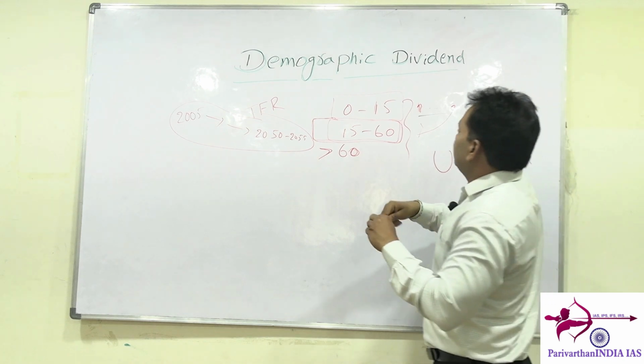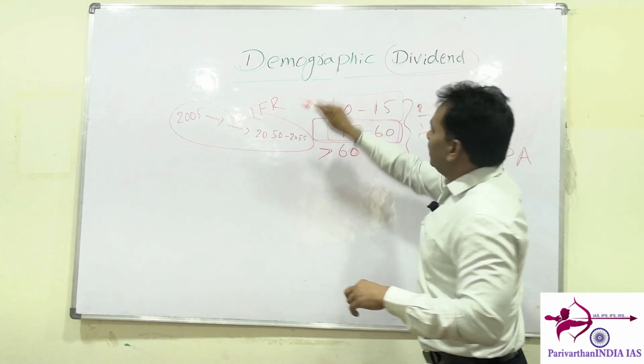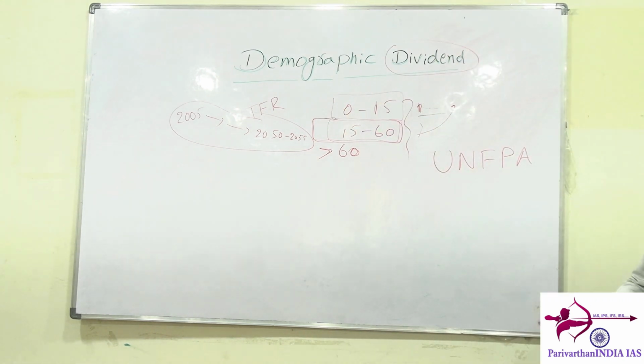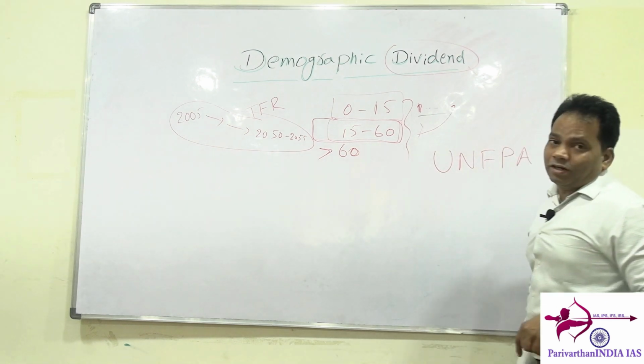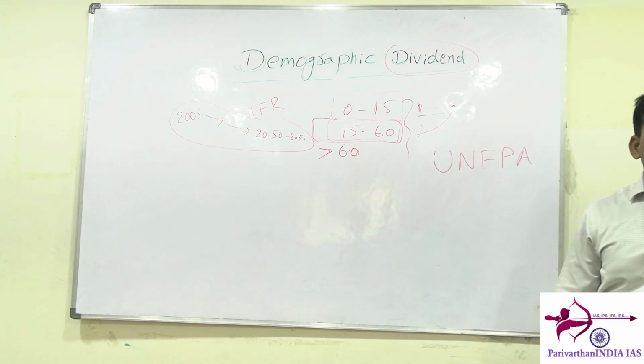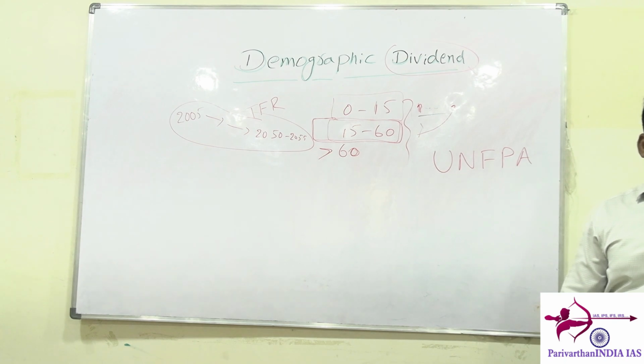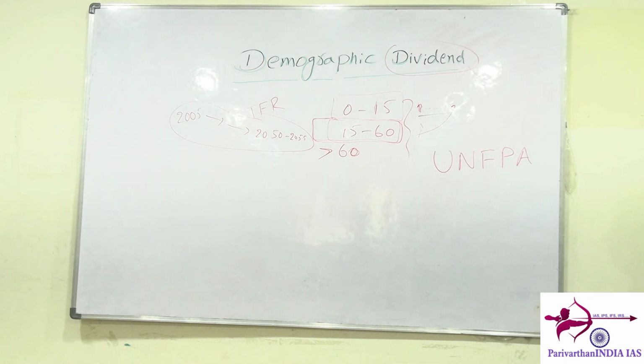Look at this one. Demographic dividend is also known as demographic window. This is also known as demographic profit. The demographic profit, demographic window, or demographic dividend, or a demographic opportunity.